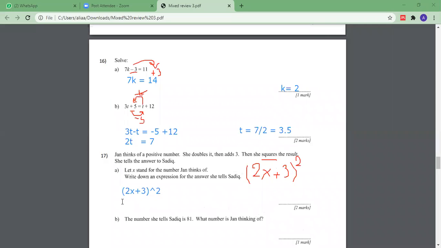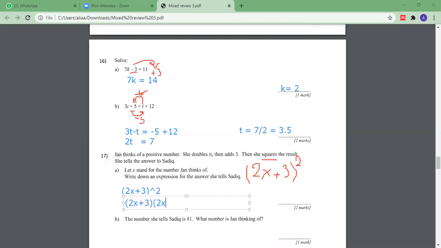We can solve it. It's as if bracket 2x plus 3 multiply bracket 2x plus 3.